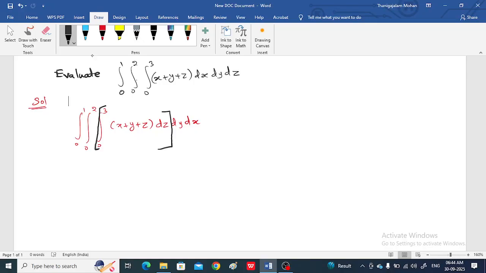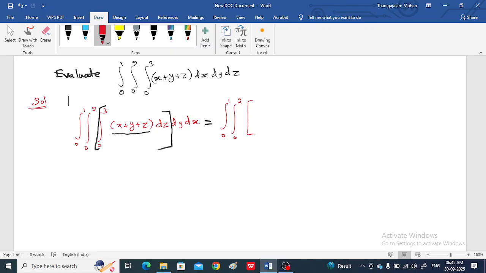Now I am going to integrate this function with respect to z first and get the value, and then proceed the same business for dy and dx. The limits I will write the same.